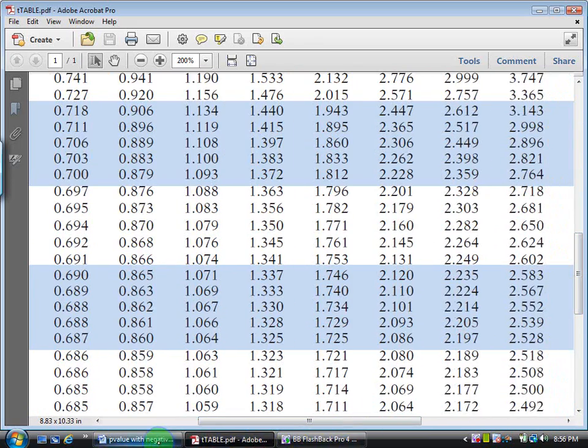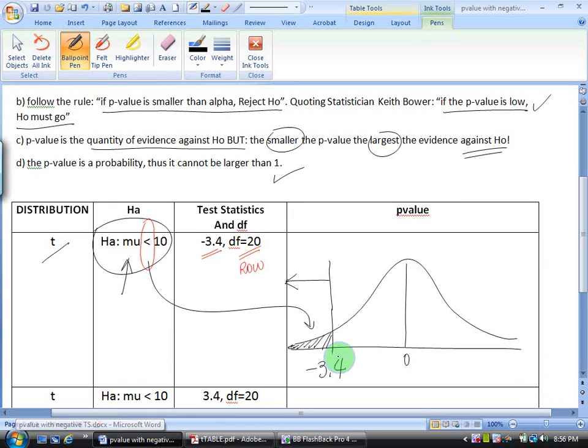What we actually do here is think of this test statistic as positive. We go to the table looking for a positive. When we find it, we keep in mind that when we did this drawing and shaded, we shaded a smaller tail, not this larger area to the right, but this smaller one.